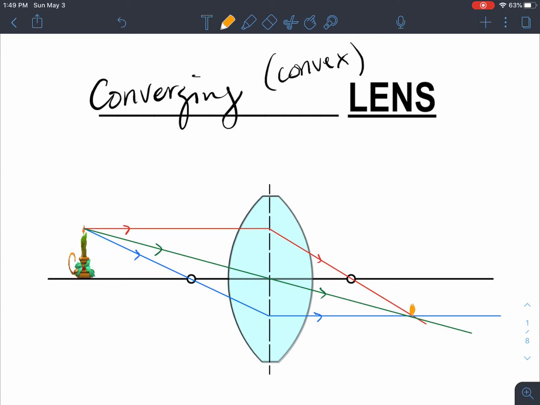So there's my flame. And you're going to see that the base of the candle on the left side, the object, it's right along that middle line. Since that goes through the center of our lens, it's not going to be bent, just like the green line. So that means that the bottom, the base of our candle, is here. So you can see that this candle is actually inverted.